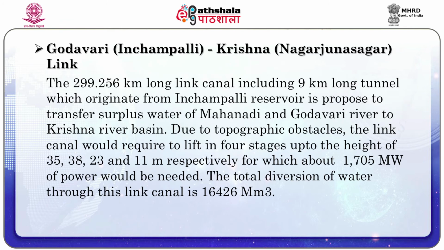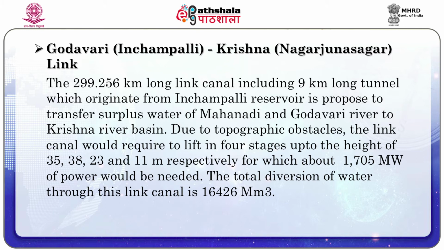Godavari, Inchampalli, Krishna, Nagarjuna Sagar link. The Godavari Krishna link canal is proposed to transfer surface water of the Mahanadi and Godavari river basins to the Krishna river basin. The 299.256 km long link canal, including 9 km of tunnels, originates from the Inchampalli reservoir and falls into many major rivers before merging with the Nagarjuna Sagar reservoir by the Musi reservoir.